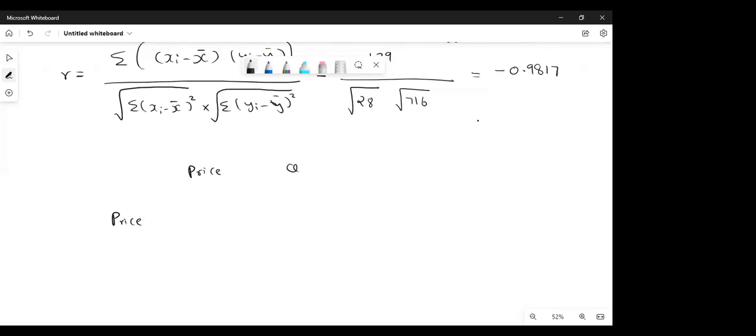And here we have quantity versus quantity, quantity versus price, and here also price. Now we find the relation between two columns, X and Y, price and quantity. Where they interact?